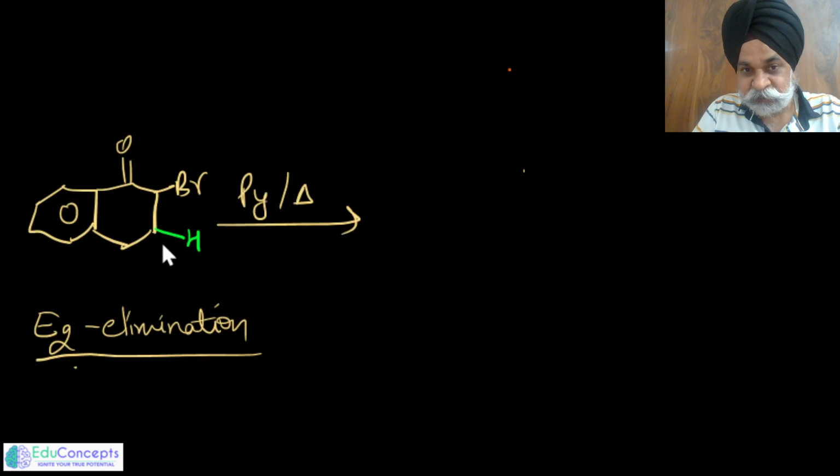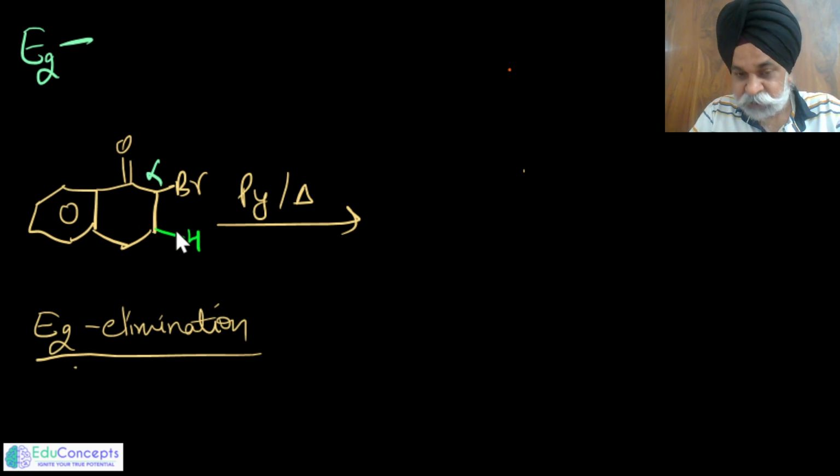Once you get the first step done, the next step they have said is heating it with pyridine. Now this basically is an alpha halo ketone. An alpha halo ketone is a very good site for E2 elimination, the elimination which happens in a concerted manner, where bond breaking and bond making take place simultaneously, because this bromine can easily be thrown out with the help of pyridine.